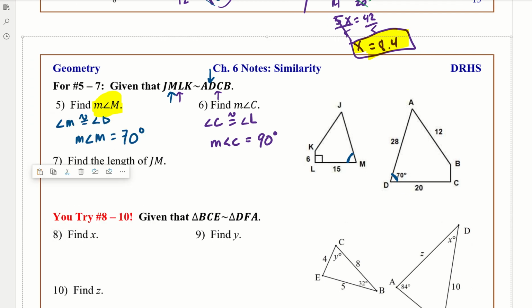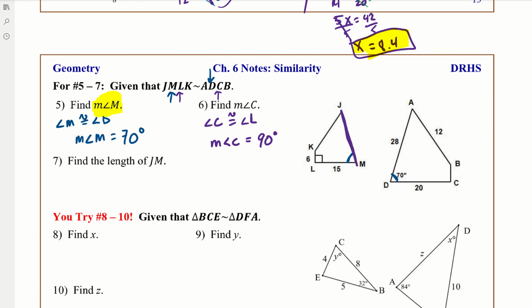Okay, find the length of JM. JM is right here. I want to find the length of it. So I'm going to put an X right there because it's the easiest way for me. I'm going to erase all my little arrows here, and I'm going to look up at my similarity statement in order to set up my proportions.